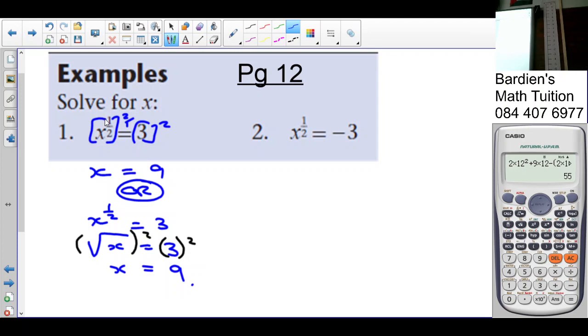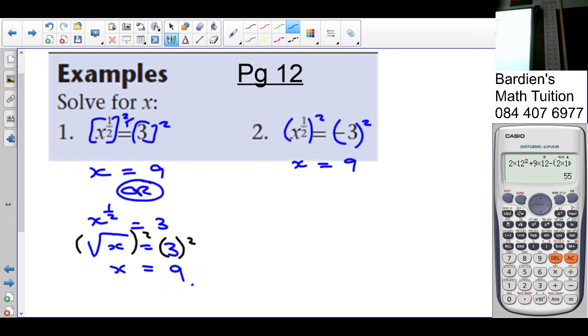What would this one be? x to the half equals negative 3. I'm going to square both sides. It's going to be wrong, but just check it. It's going to be x is equal to 9.